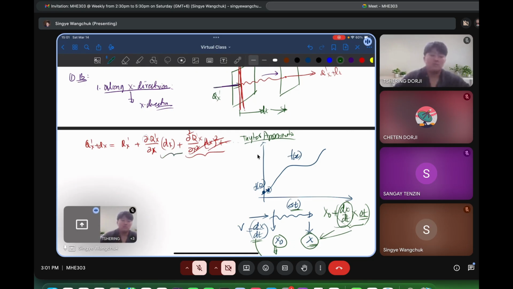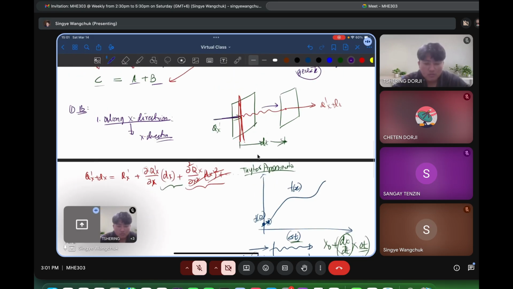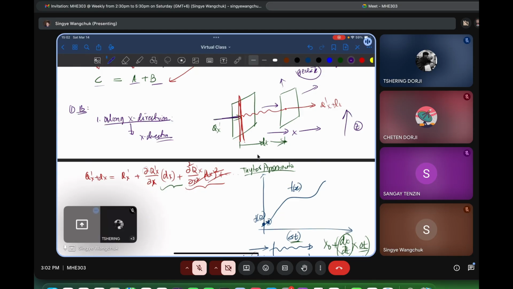But what you have to say is that the heat will also depend on height, which is along the z, and along y, so both will be dependent on x, y, z.